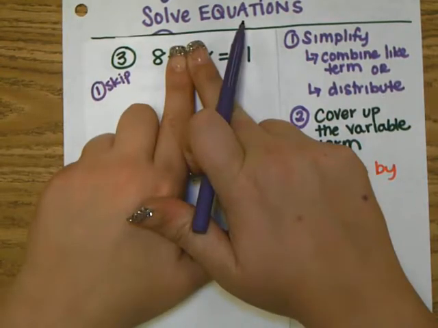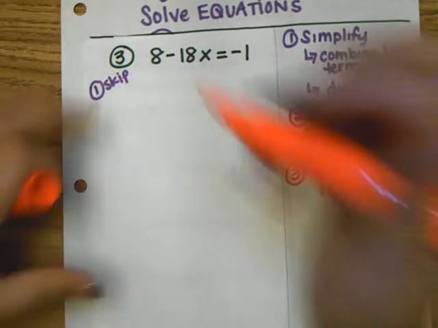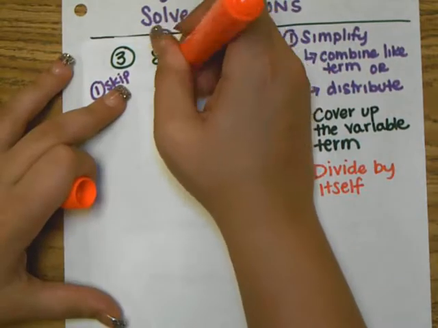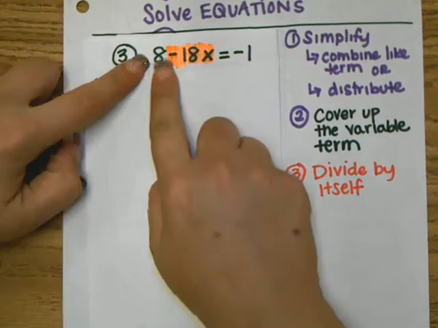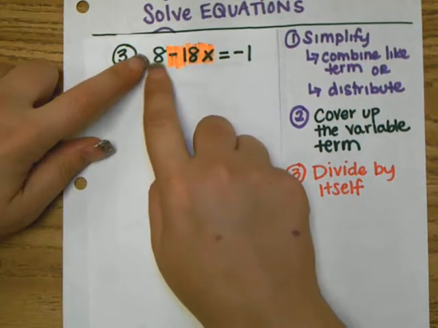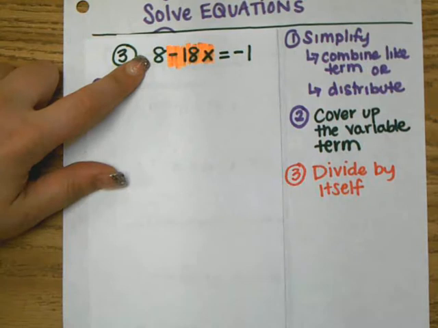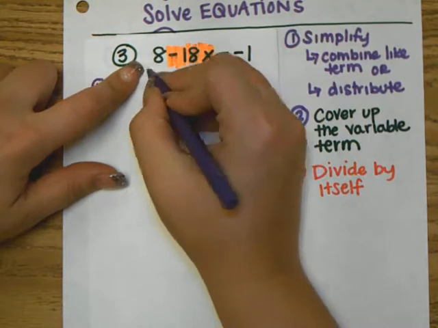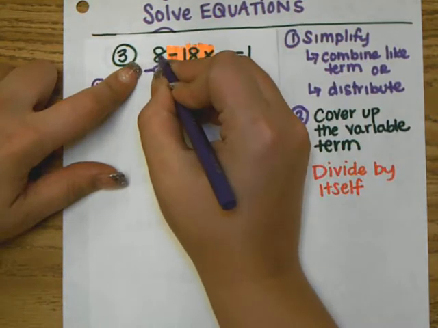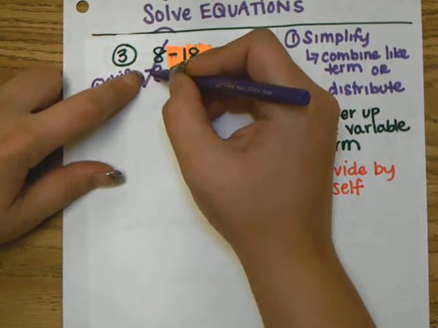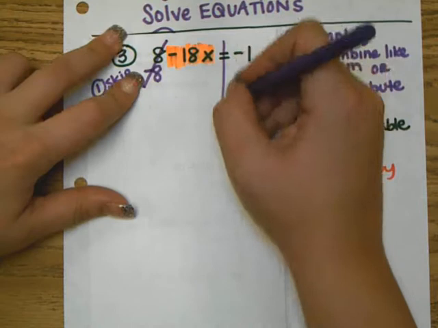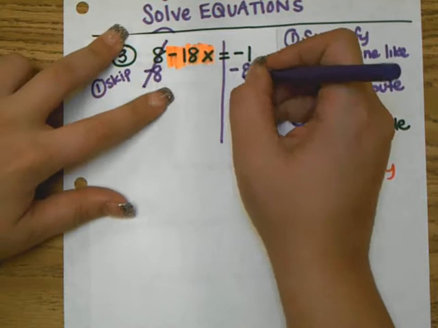I don't need it. Step 2, I'm going to cover up the variable term. Or if you have a highlighter, highlight it. There's something there, so we need to get rid of this 8. So if I have 8, I need to combine it with a negative 8 so that they subtract and make 0.